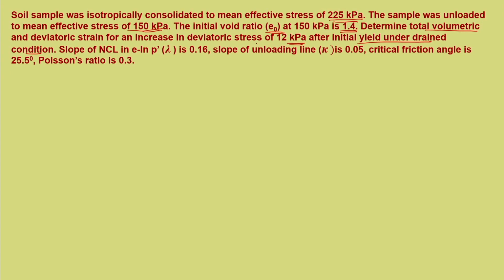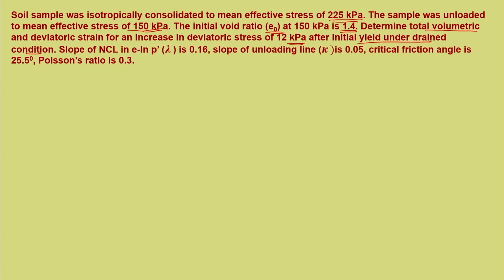Now, what is asked? We need to find the total volumetric strain and deviatoric strain for this problem when the effective stress path moves beyond the initial yield curve. How much is it given? There is an increase in deviatoric stress of 12 kilopascal.